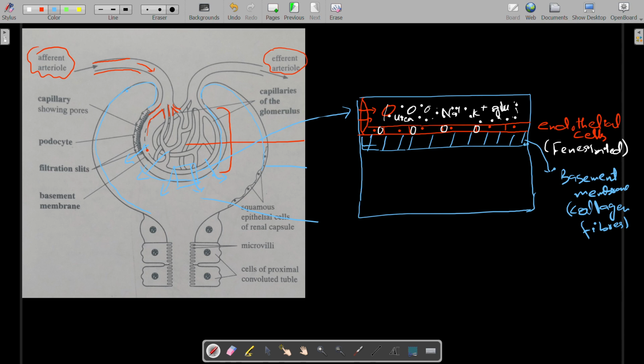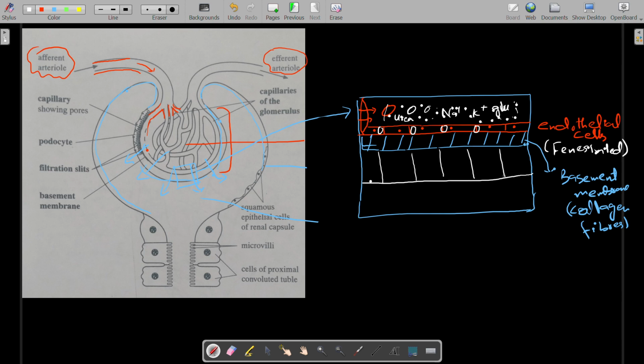Then after this, you have this tubular layer of the Bowman's capsule. This is the third layer, which is actually an epithelial tissue. So let's draw it this way. This is the third layer. The cells are very long, like this.